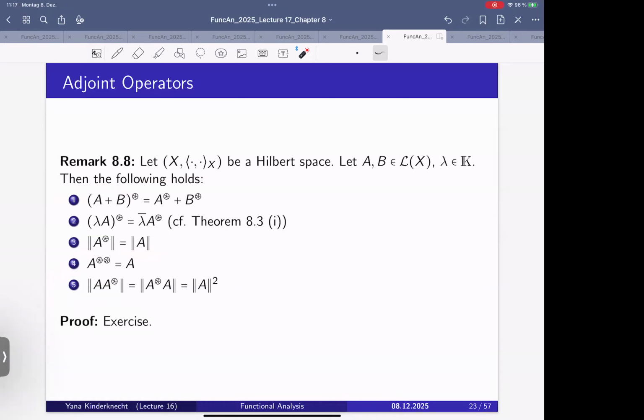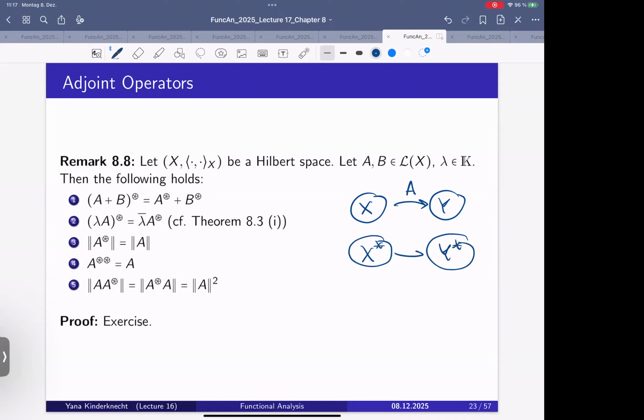So of course, if we have X and Y, and we have A acting here, we have X star and Y star, and we have A star. But this is a normed space, this is a normed space, this is a bounded linear operator acting between two normed spaces.